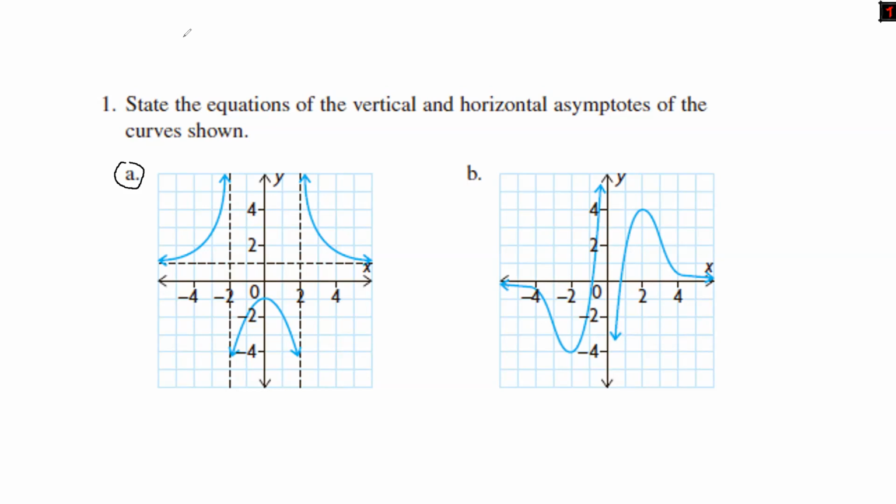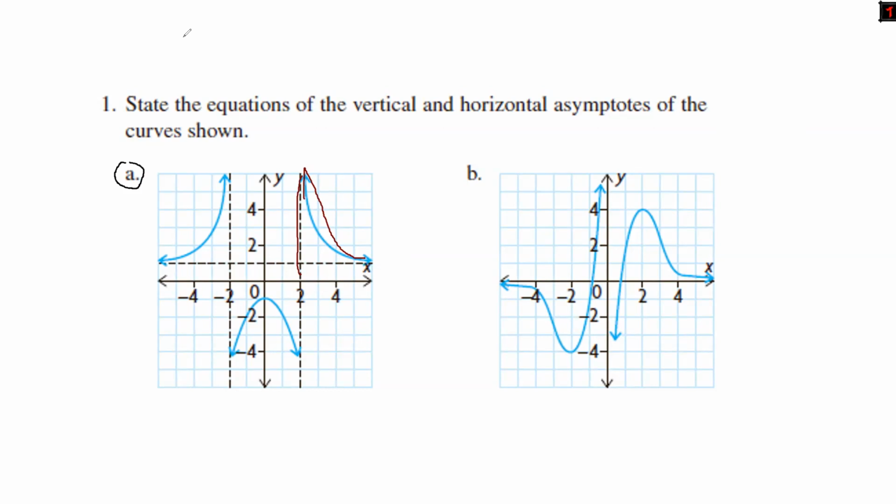Can you be more clear? What is 2? What is -2? The asymptote for the vertical is 2. So you see here, the graph never touches 2. So that's the asymptote. It reaches 2, but then it never touches 2. That's the vertical asymptote. And the horizontal asymptote is 1.